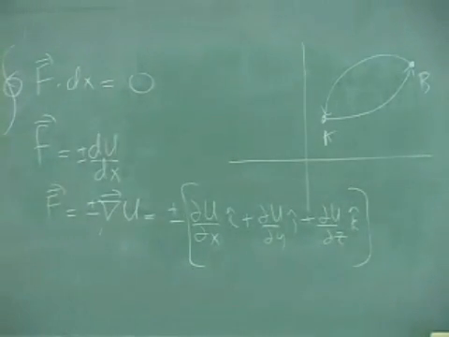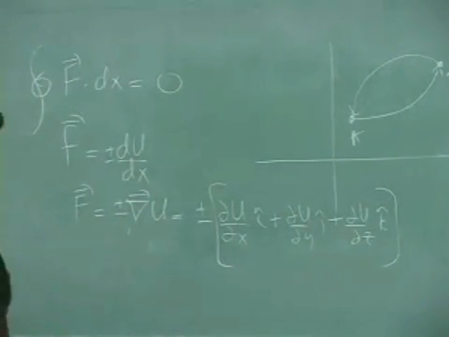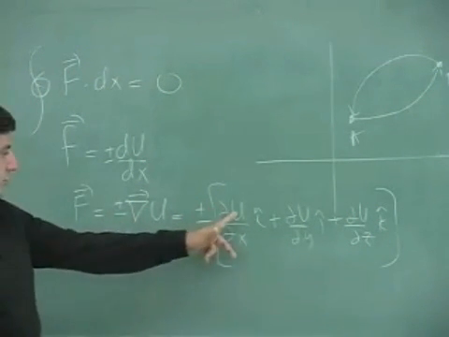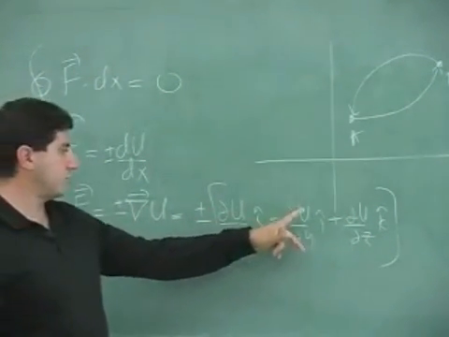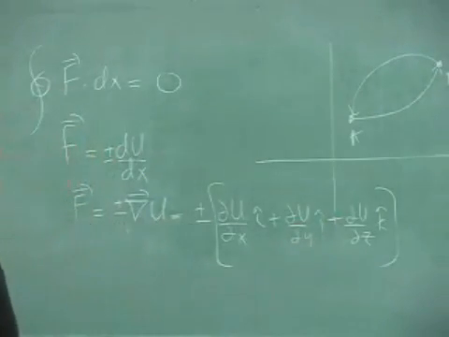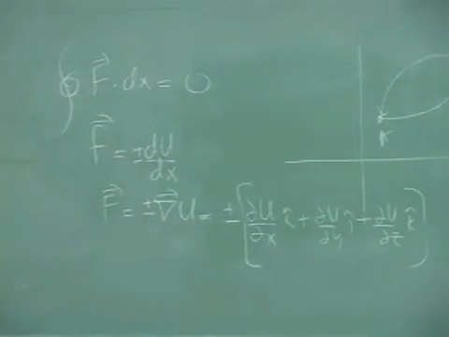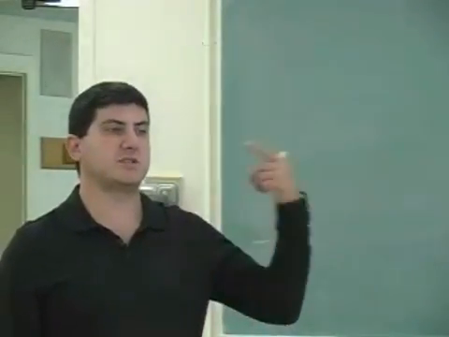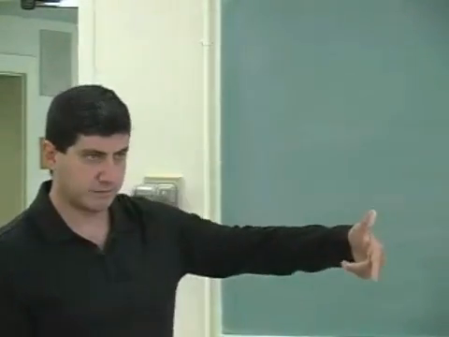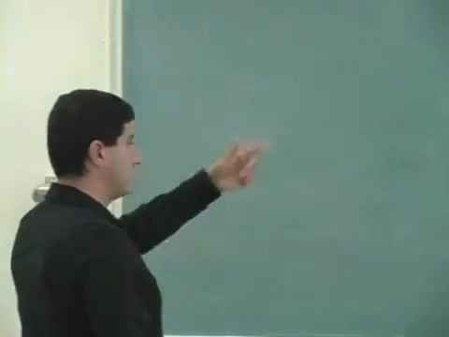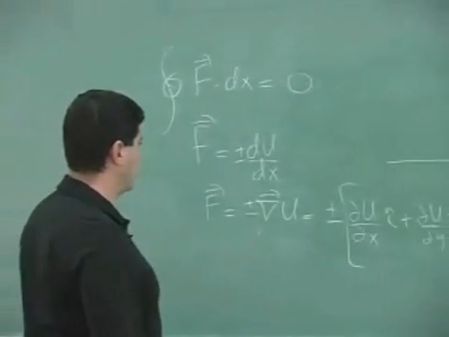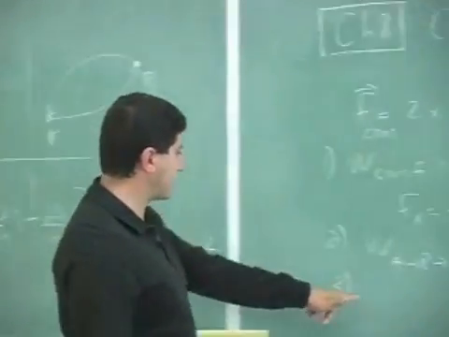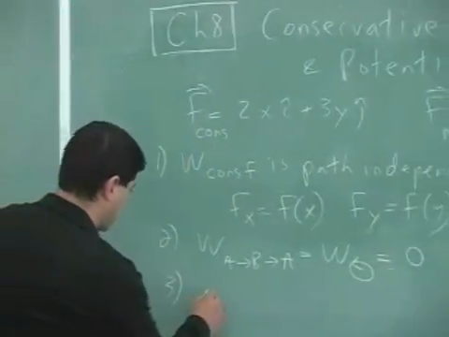So that's the official way of writing it in 3D. The gradient means the derivative of u with respect to x, i hat, the derivative of u with respect to y, the derivative of u with respect to z. So only conservative forces are forces that can be represented as the derivative of some other function, using this theorem, du dx.